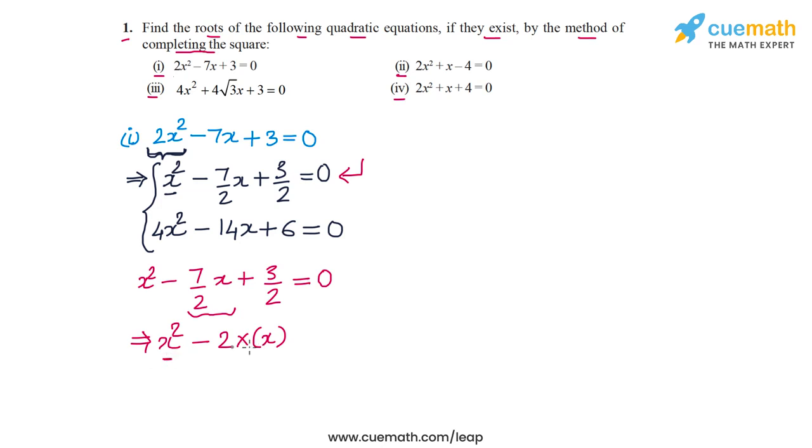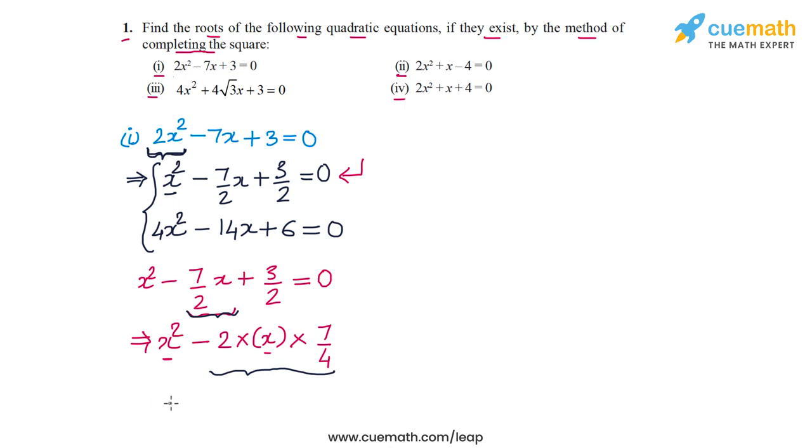Corresponding to a square we have x, and 2 times x, and we want 7 by 2x. What multiplier should I use here, so the whole term becomes 7 by 2x? I can write 7 by 4. You can now verify that minus 2 times x times 7 by 4 is minus 7 by 2x.